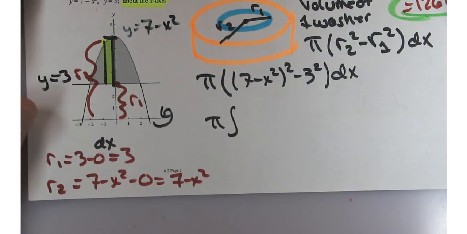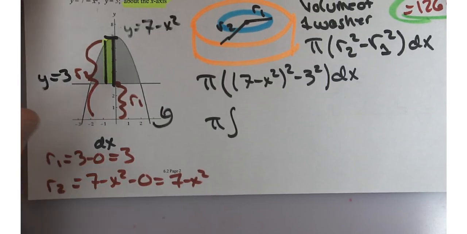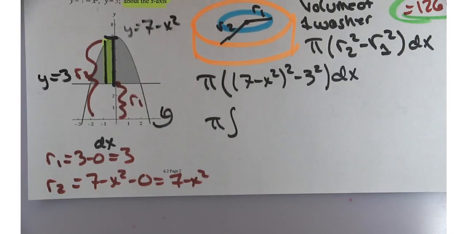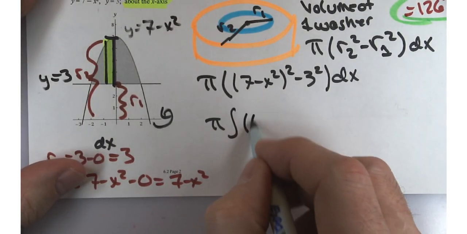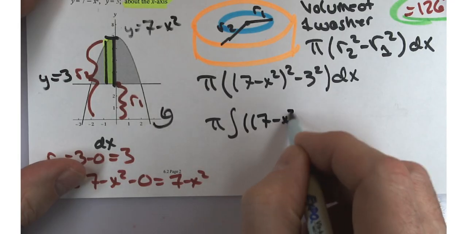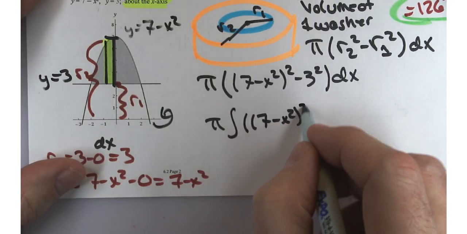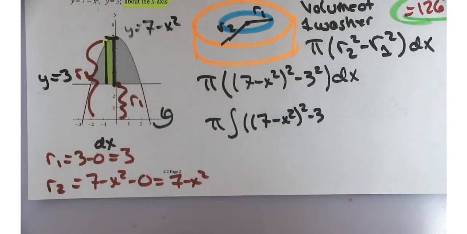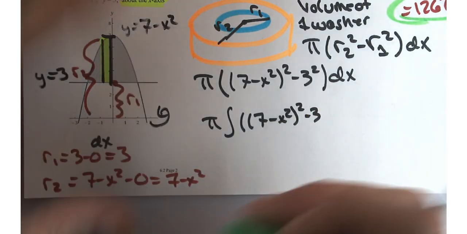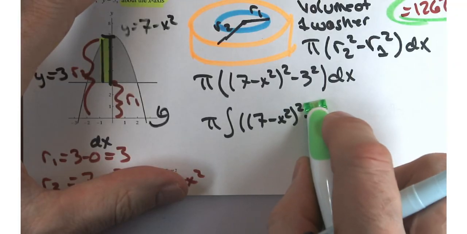Now here's a good question. What are the limits of integration? Negative 2 to 2. Now you can see that because you've got a nice graph there. And I might as well get rid of the 3 squared and just write it as 9. But what if I didn't have a nice graph, or what if it wasn't labeled?